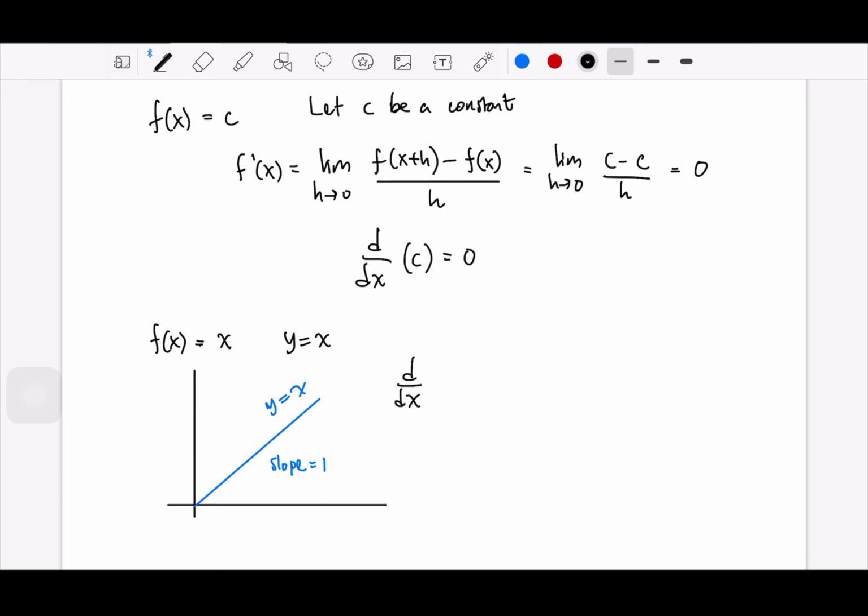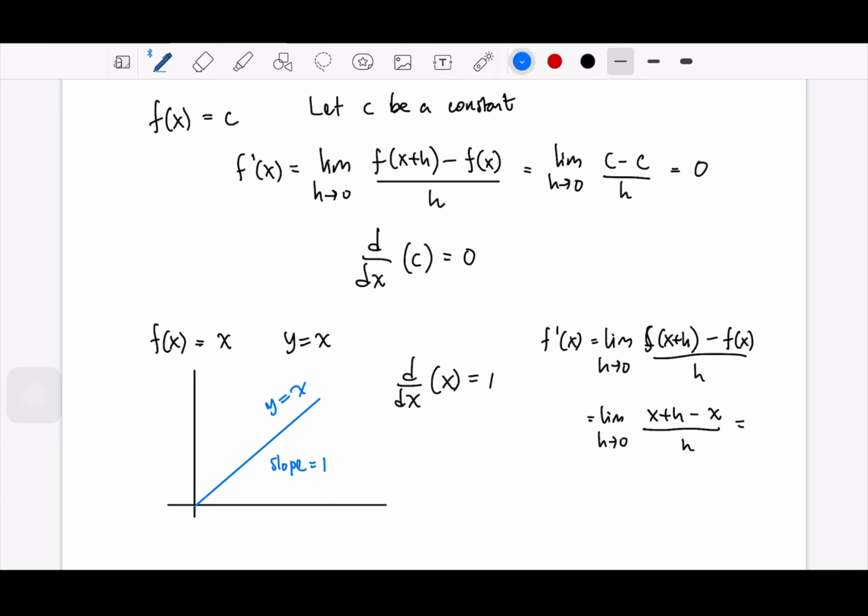Since this is 1, you can also verify using the limit if you want. You will get directly 1, right? This will cancel, and h over h is just 1.